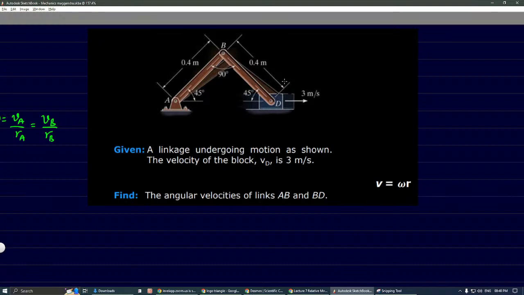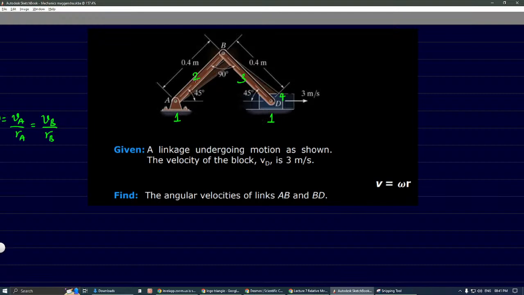At B, instantaneous center. So you have to give them some numbers. So let's say 1. So the fixed frame is 1. This is 2. This is 3. And the slider is 4.